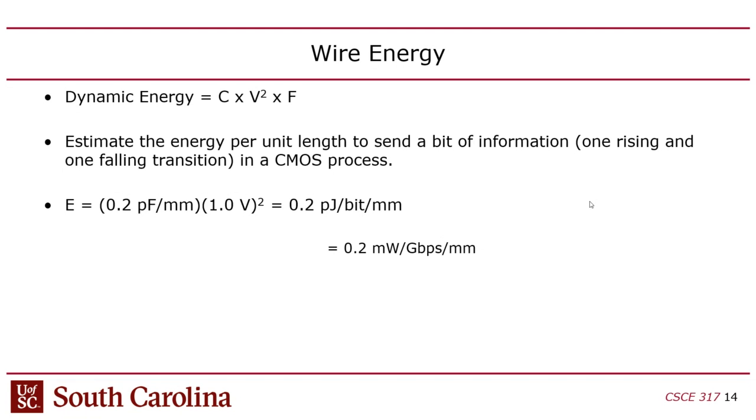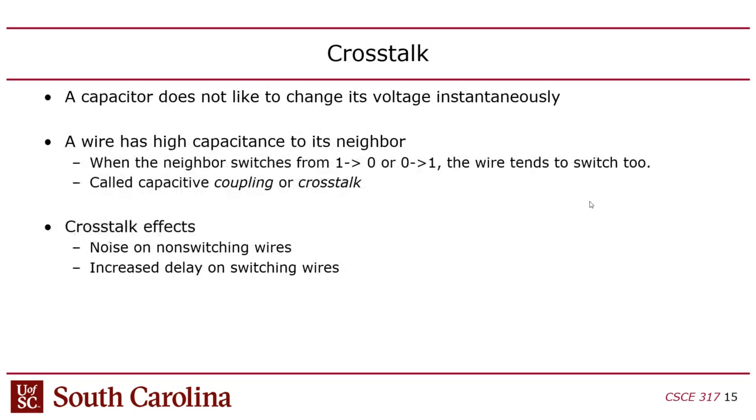And the per millimeter is in there because the capacitance was in terms of picofarads per millimeter. So this would give you 0.2 milliwatts per gigabit per second per millimeter if we then multiplied this by a billion, essentially. So pico to milli is what you get from multiplying by a billion, 10 to the 9th power. Yeah, so that's the energy.